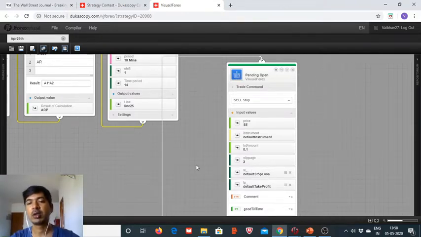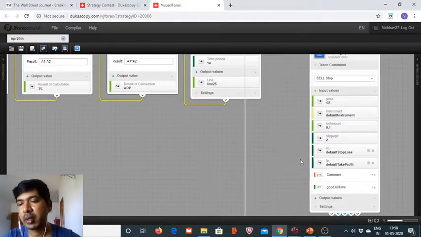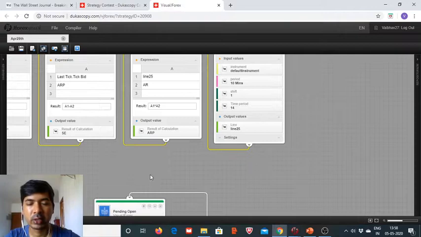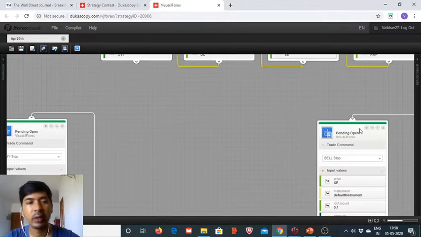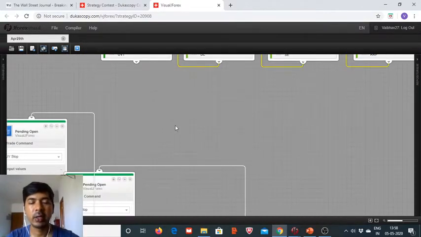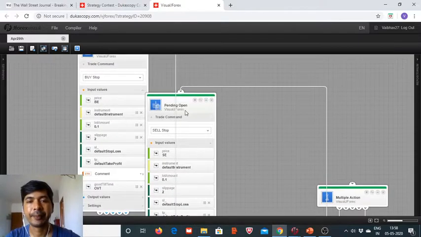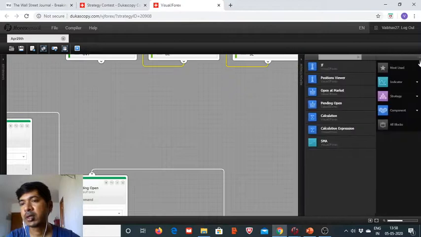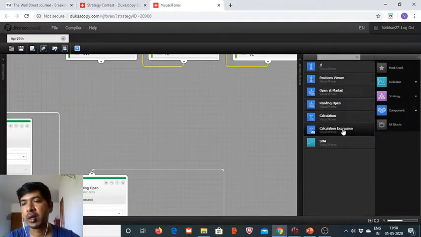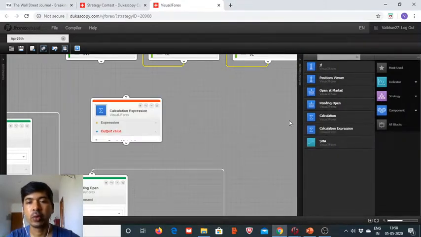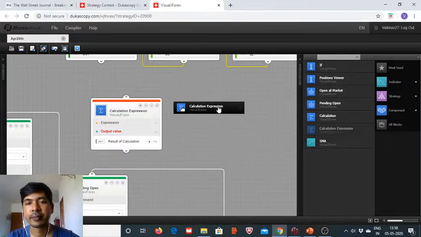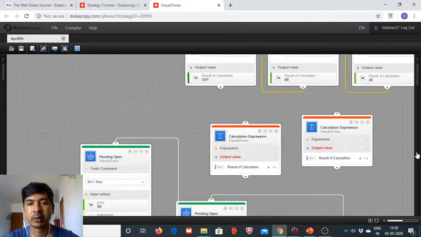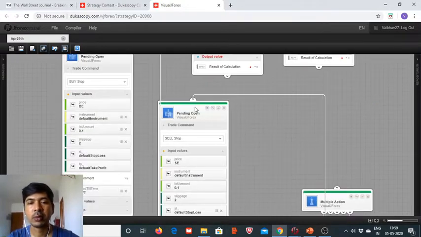Now comes the question of setting the stop loss and the take profit. These are the two things which we have to finish off, and then our algorithm is almost complete. So we take two calculation expressions, and for that we have to look here.